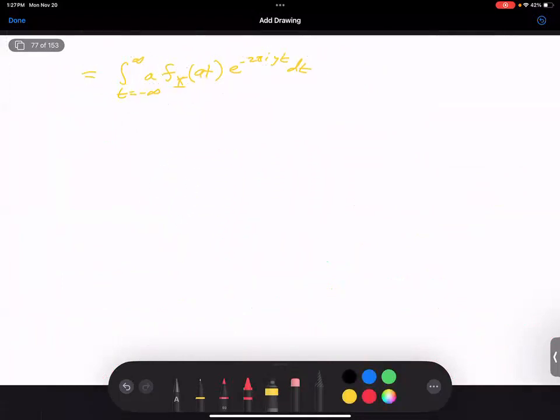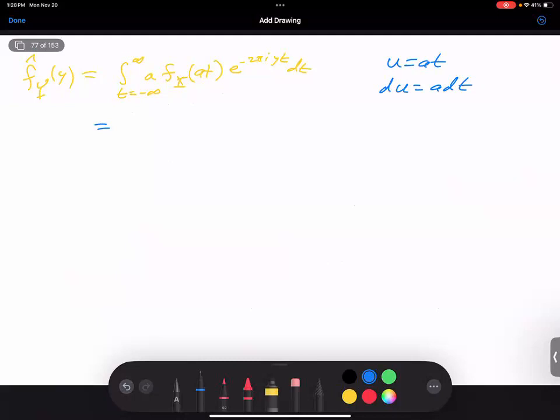So this was f hat of Y at y. Let's continue to do the analysis. Let's change variables. Let u equal at. So dt is going to be 1 over a du. Or better yet, I think I want to do it this way: du equals a dt, because we actually have an a dt.